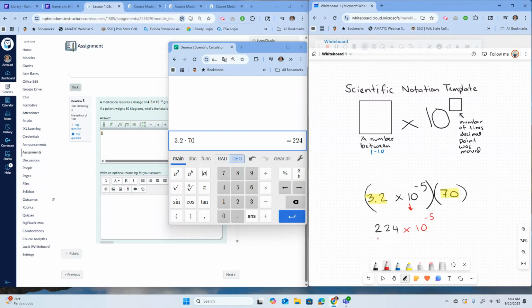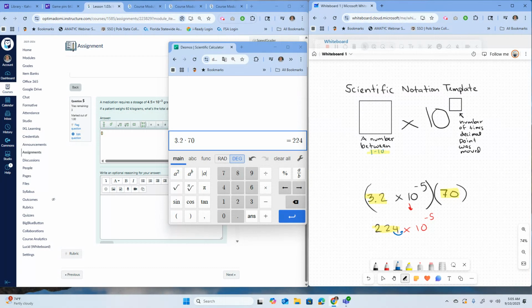However, this answer is not in scientific notation because the 224 is not between 1 and 10. That's one of the requirements for a number to be in scientific notation. So I'm going to find the decimal point of 224, which is all the way on the right end, and I want to move it to the left.